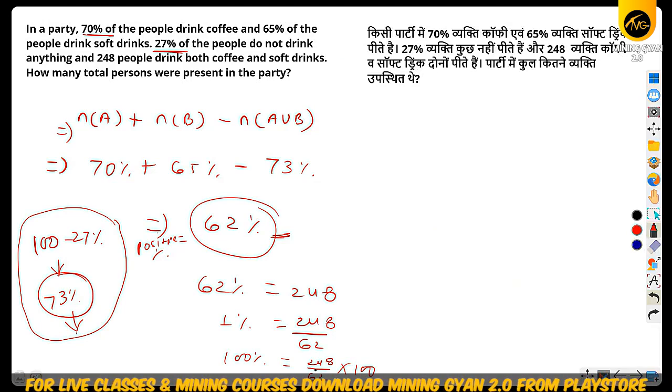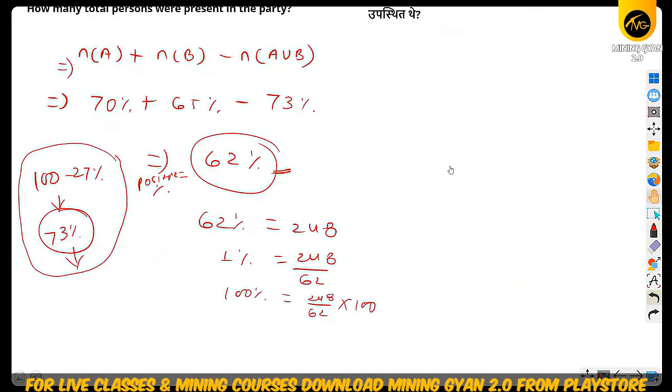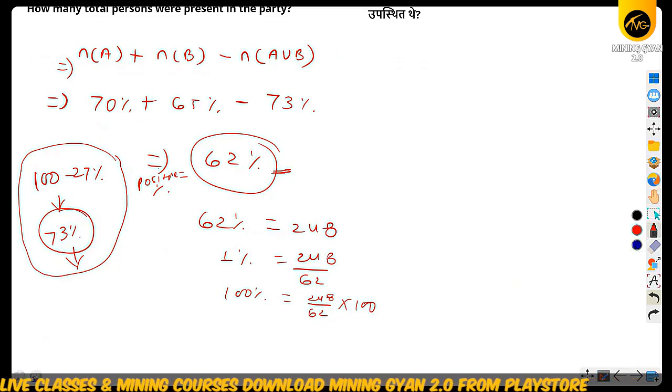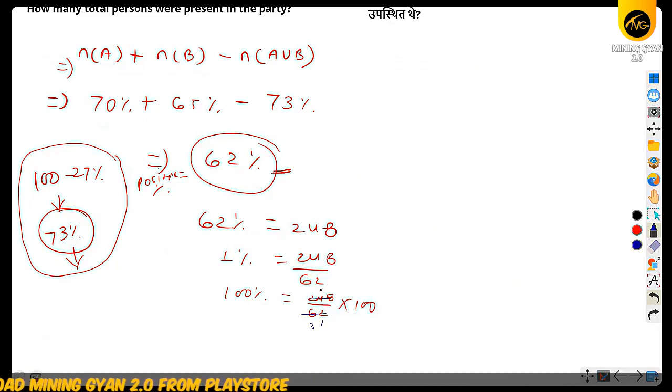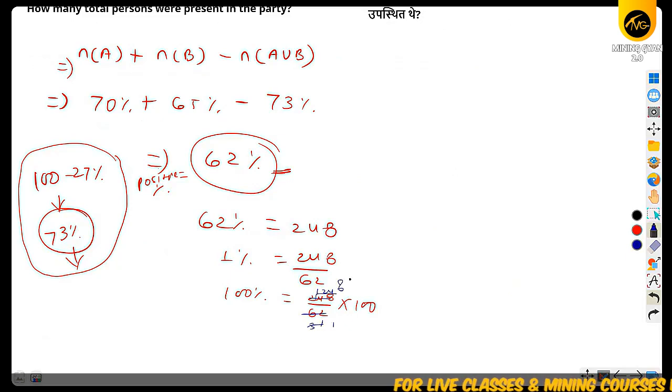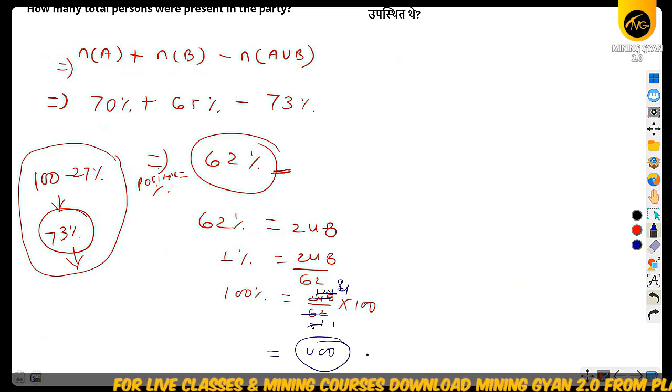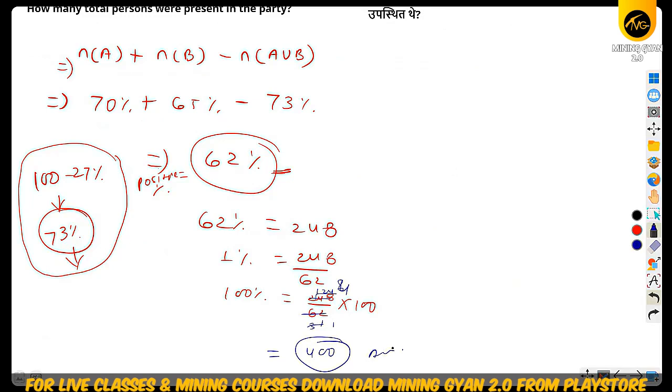Just calculate the problem, you can get the answer. 400 is the total number of people present in the party. 400 people were present in the party.